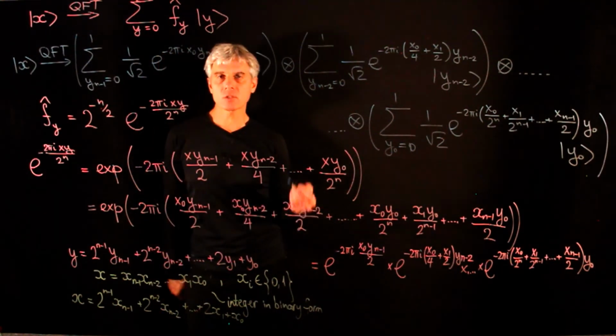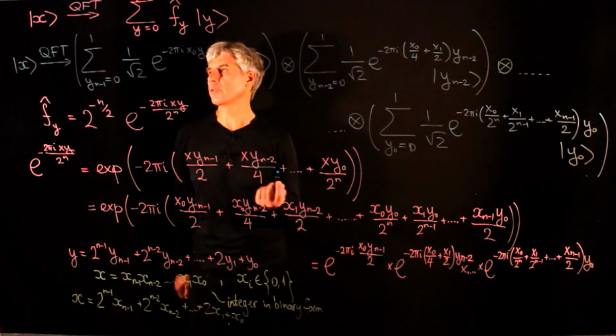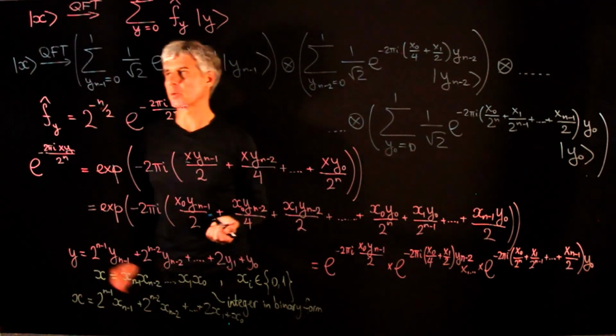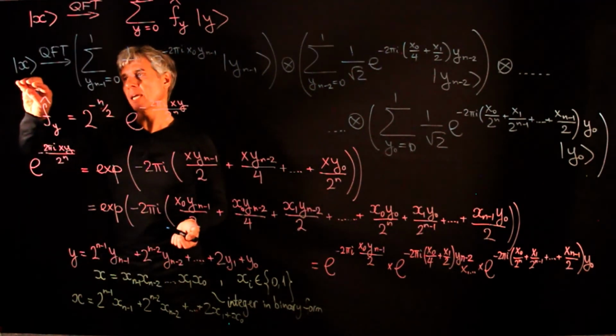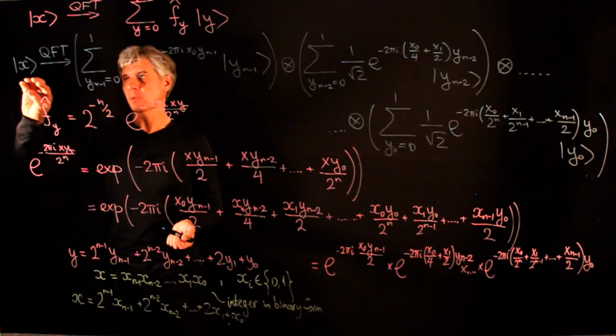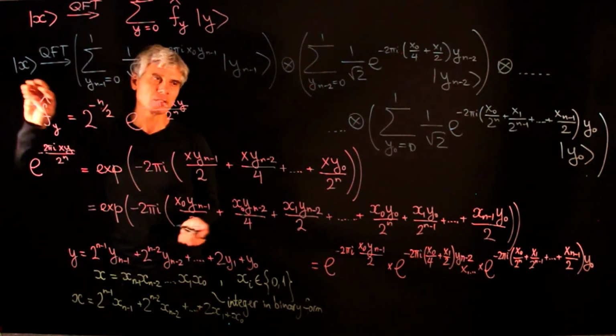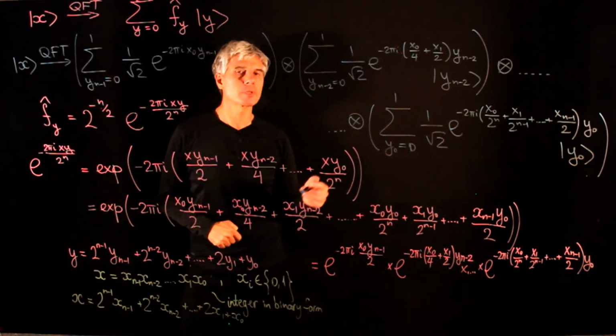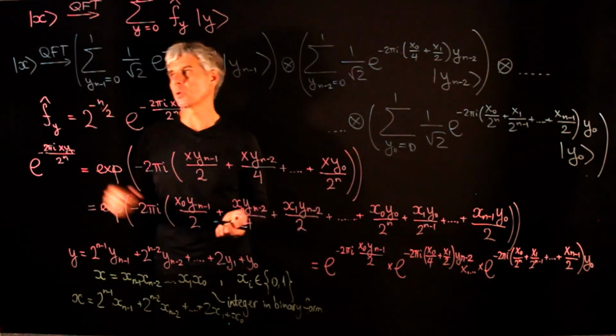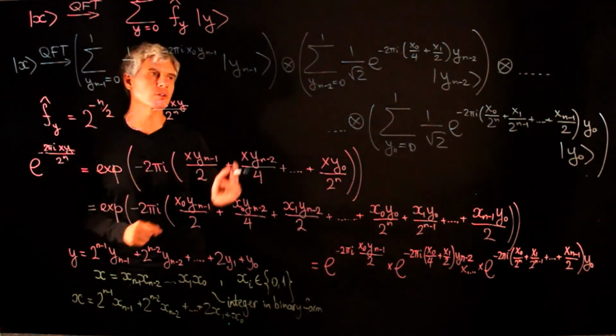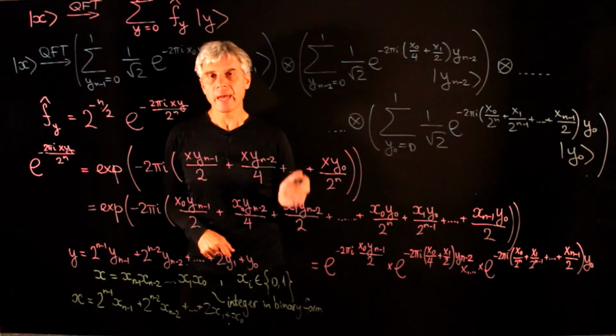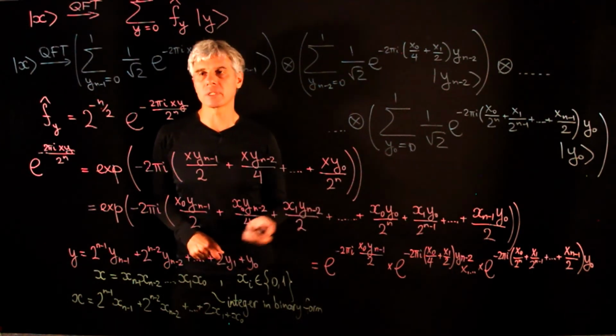Of course, this does not mean that QFT does not create entanglement, right? Because it could take some unentangled state, which is different from a basis vector, and transform it into some entangled state. So it's just when applied to basis vectors, the result is unentangled. And we're going to take advantage of this fact.